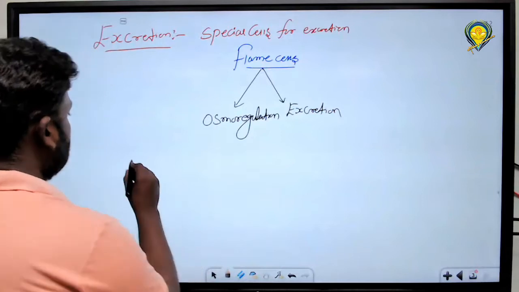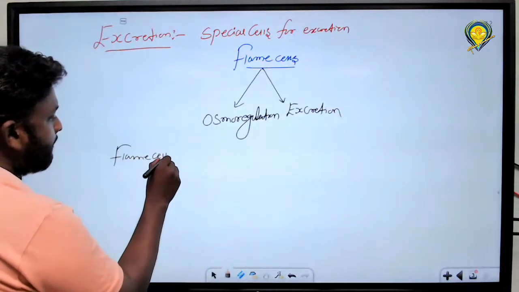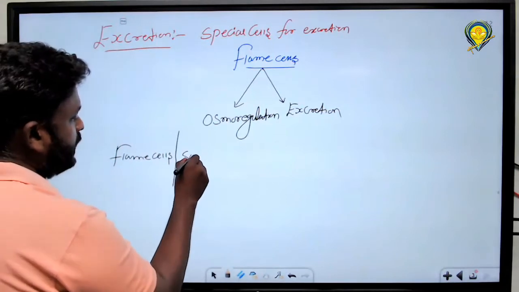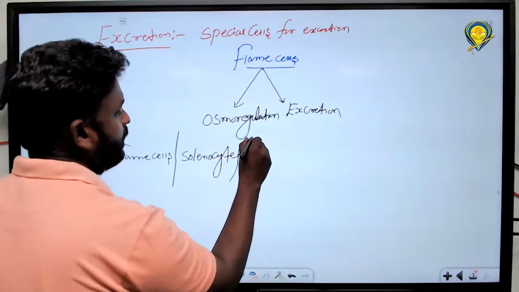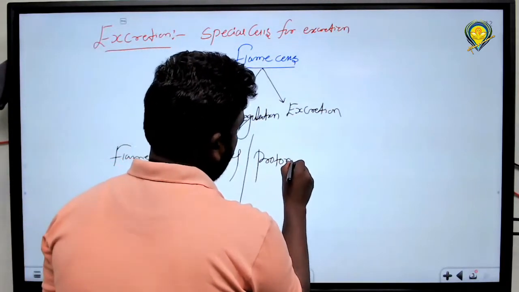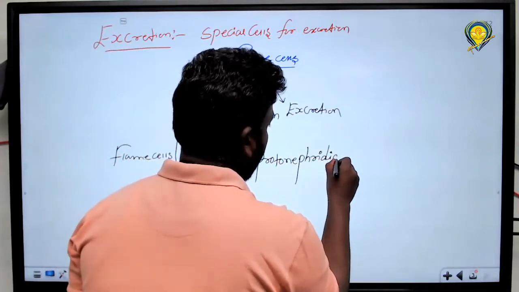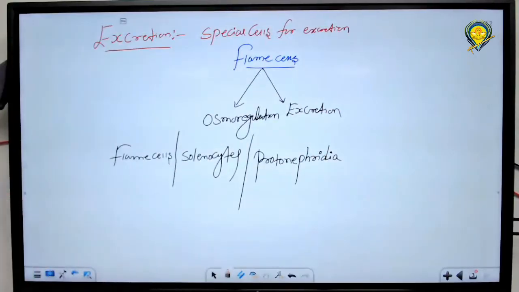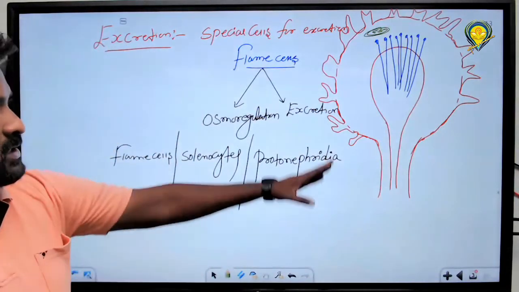The flame cells are also called solenocytes, also called protonephridia. Okay, this is the structure of what?